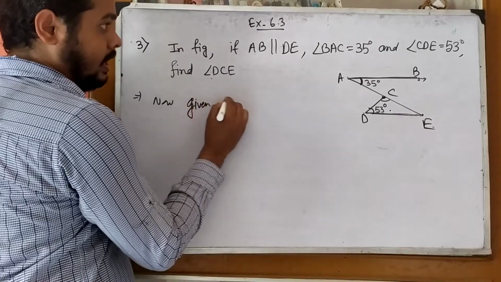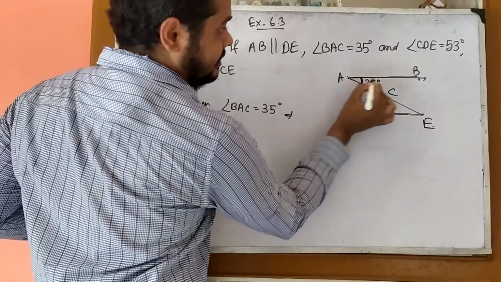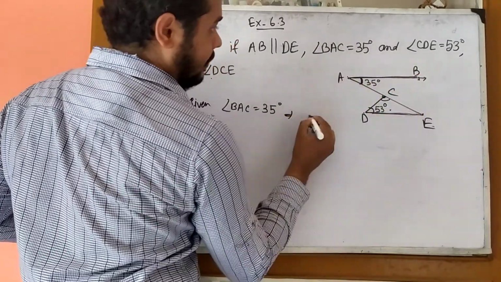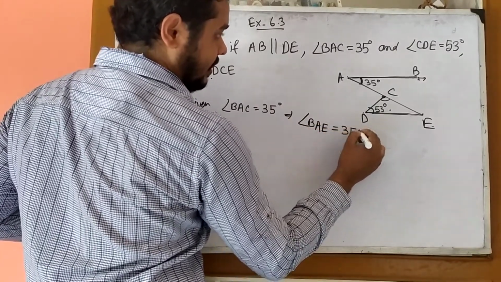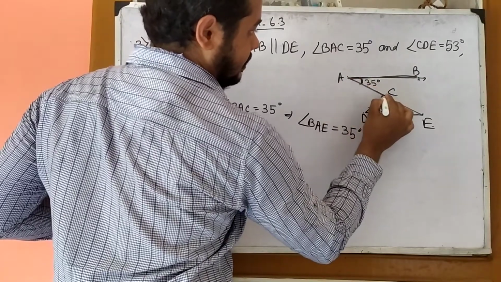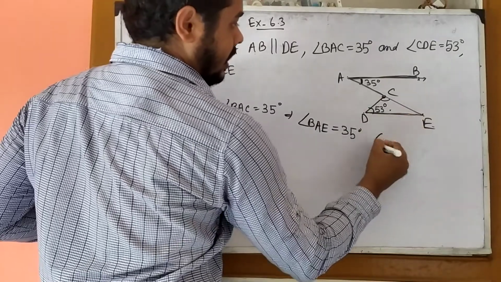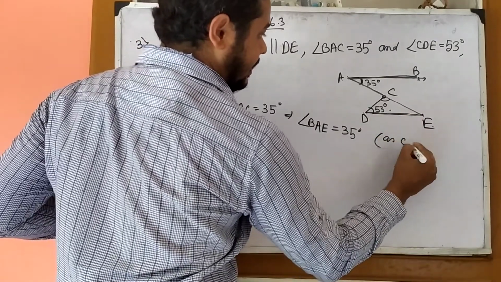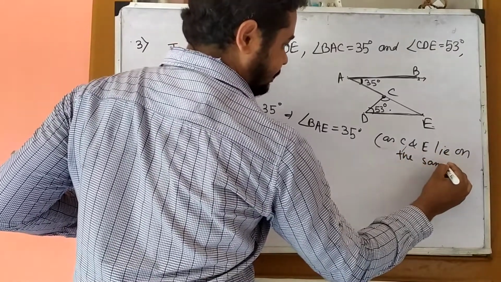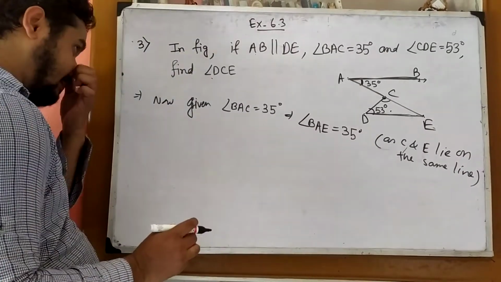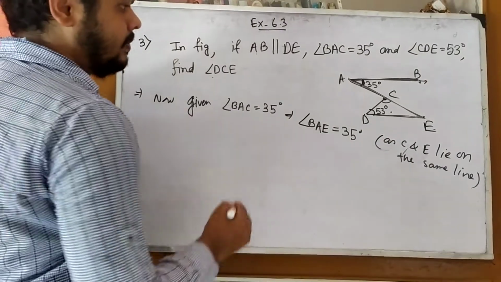Okay. Now, given angle BAC is 35, this implies BAE is also 35 degrees. C means up to this portion and E means up to this portion. As C and E lie on the same line, this portion and that portion will have the same value.